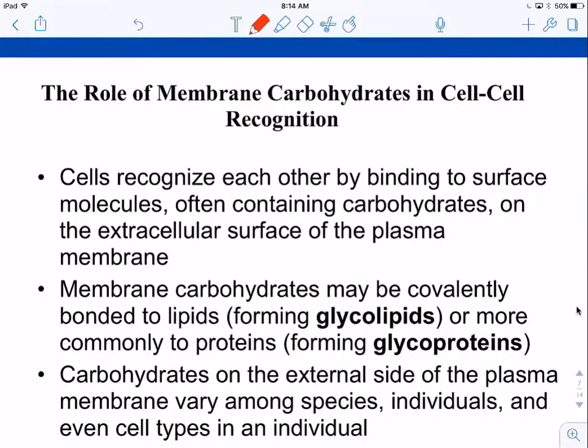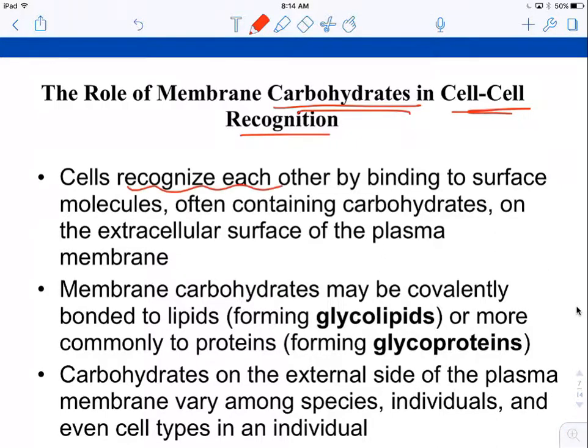So carbohydrates, as I just mentioned in the previous slide, have to do with cell recognition. The carbohydrates act almost like signposts, like name tags on the outside of the cell.